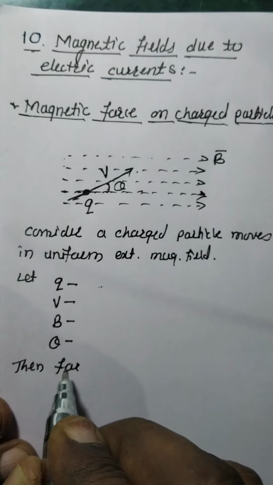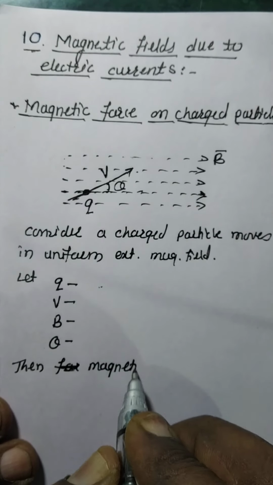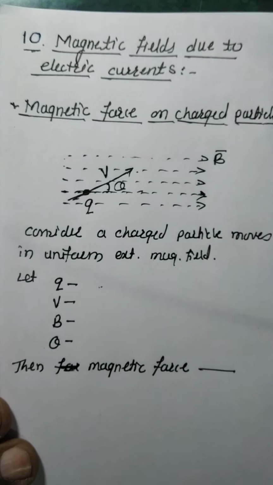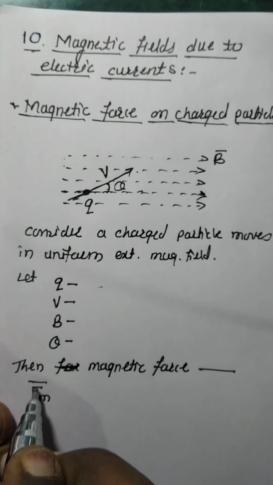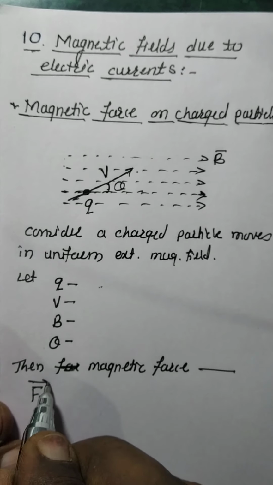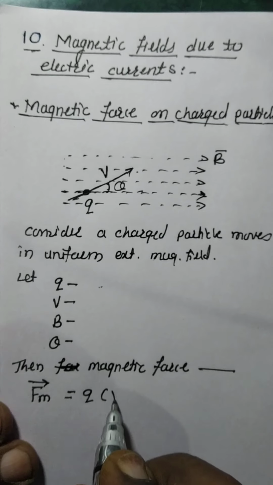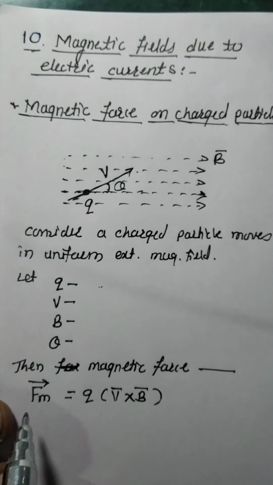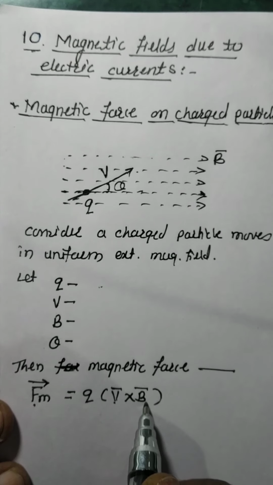the magnetic force acting on the charged particle, that is Fm, that is the magnetic force acting on the particle, is Q into v cross B. Means the magnetic force is perpendicular to the plane containing velocity as well as magnetic induction.